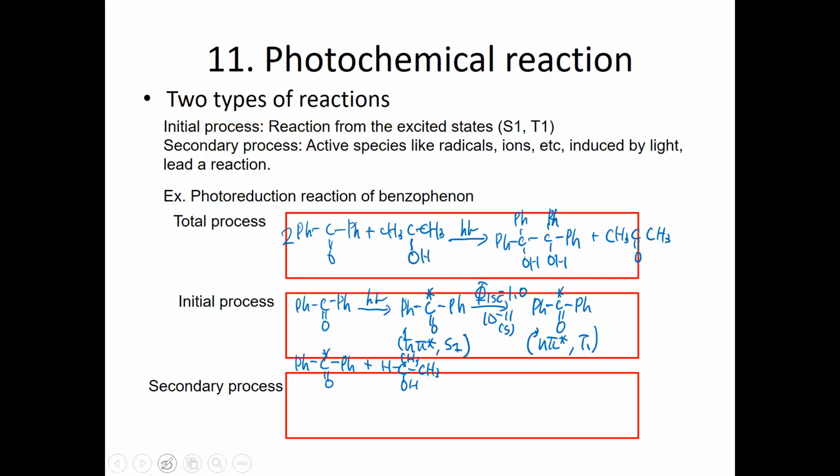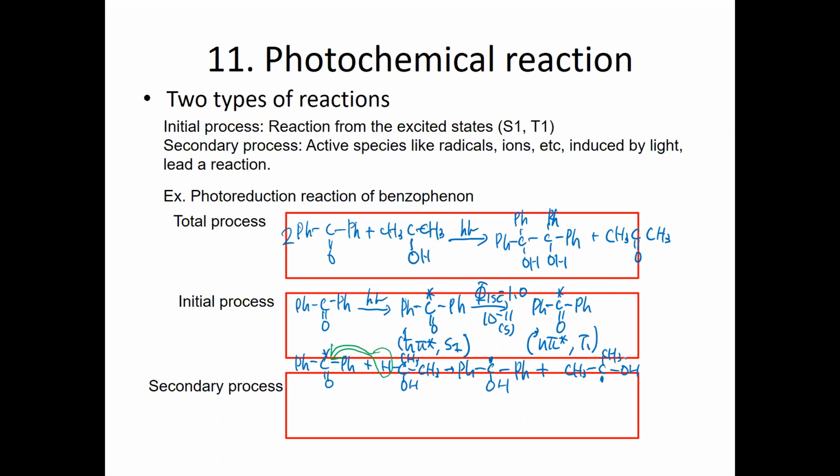And this one takes the hydrogen, and then the benzophenone becomes a radical species, and also the propanol becomes a radical species.